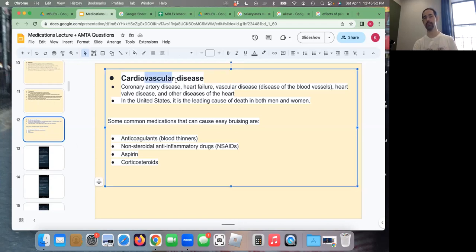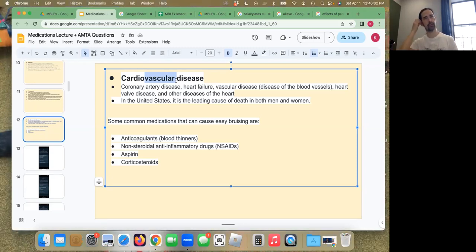The vasculature are both the veins and the arteries, and those include things like arteriosclerosis, atherosclerosis, thrombosis, which are buildup of clots that can break off and travel, which is called an embolism, right? And that can lead to like a stroke.